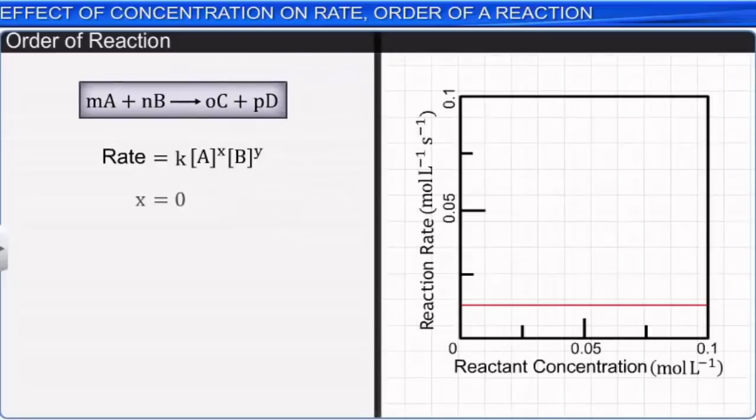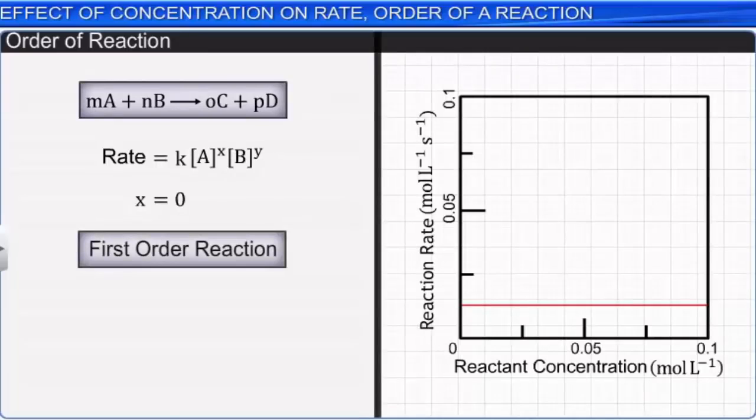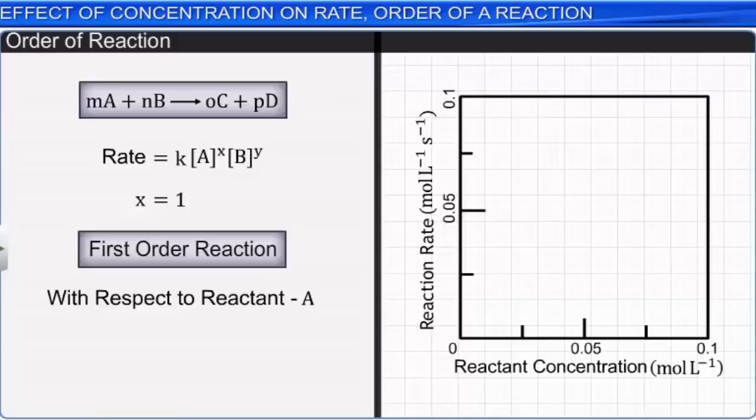If X is equal to 0, then it is a zero-order reaction with respect to reactant A. Similarly, if X is equal to 1, then it is a first-order reaction with respect to reactant A, and so on.